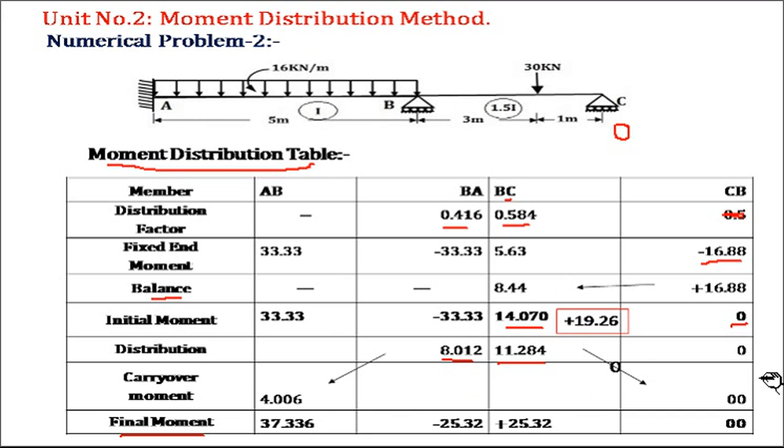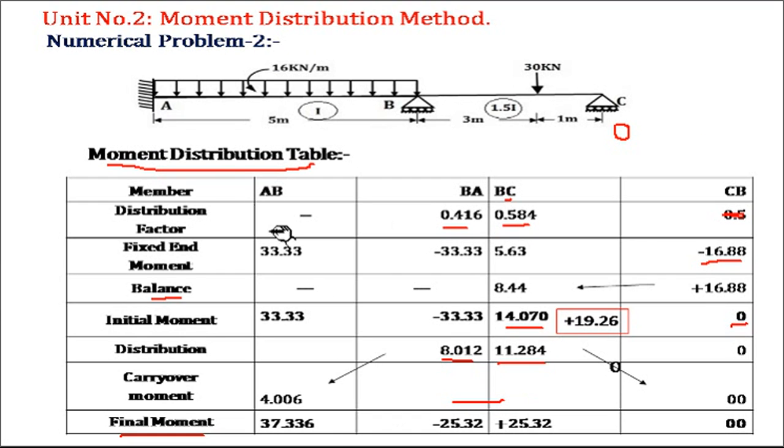Now from B to C, the condition given is that the far end is simple and the beam is not continuous. So the carryover is not allowed. Now there is no distribution moment left at joint B, so we end here.